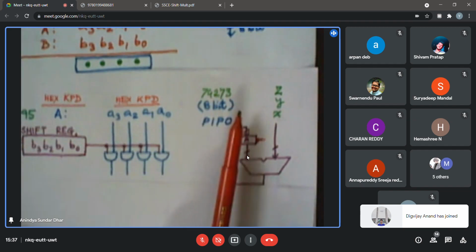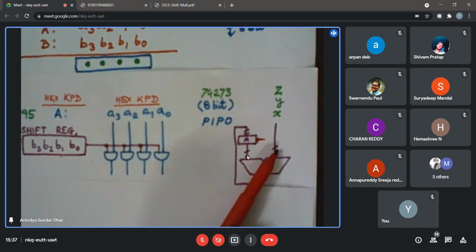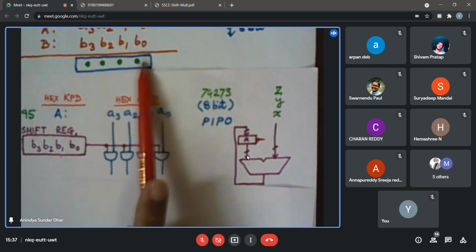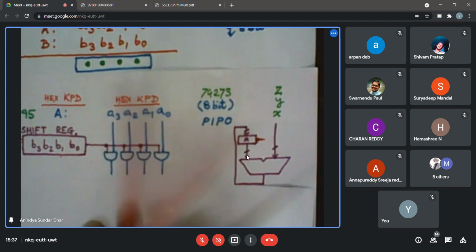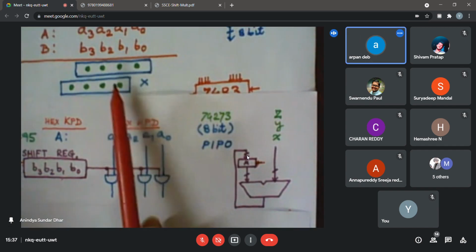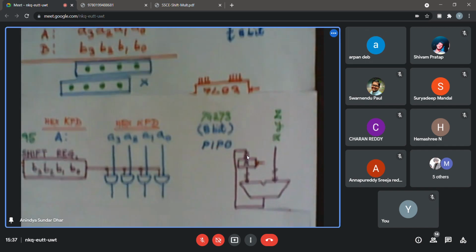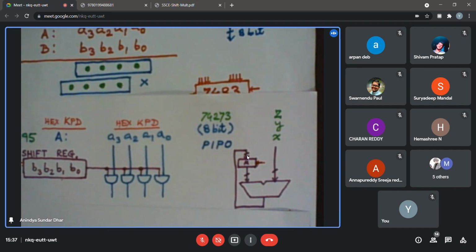I have cleared the register, then applied this 4 bit over here, and it has added these 4 bits to 0, yielding a result of 4 bits. But now I need to add only 3 bits of result to this 4 bit. Sir, I think I only need to take the output of the 3 bits of the register for adding. Think about it, but you should not lose the 4th bit also.